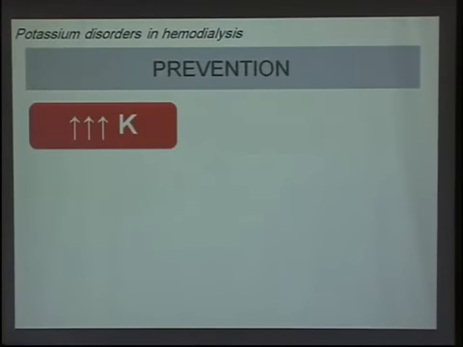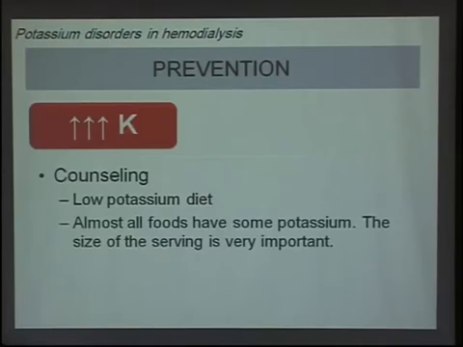How can we prevent dyskalemia in hemodialysis? First, we need counseling, low potassium diet, and we should educate our patients that almost all foods have some potassium, and it is important to consider portion size even rather than the type of food itself.